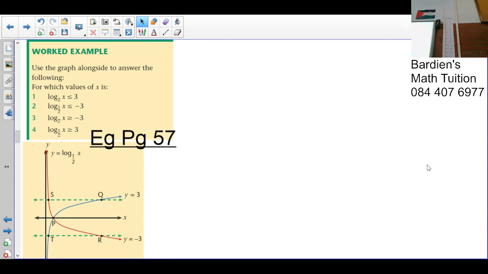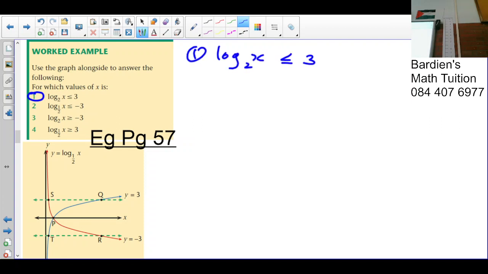Okay, so we are told to use the graph alongside, in this case below, to answer the following. For which values of x is, the first case, log x base 2 less than or equal to 3?